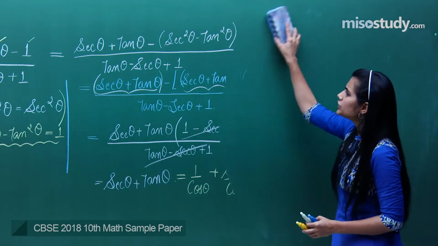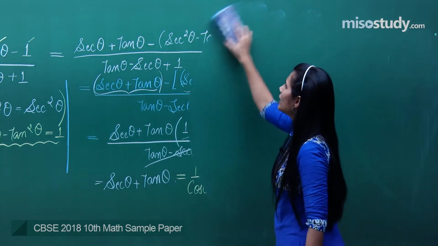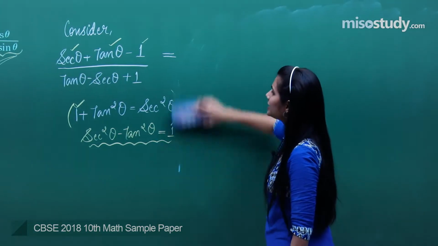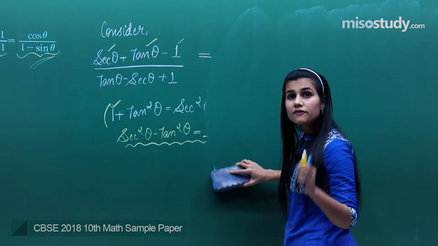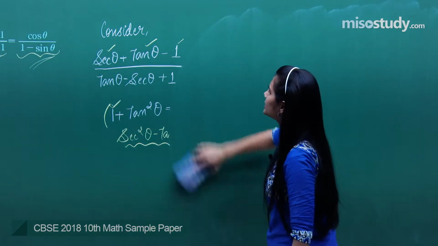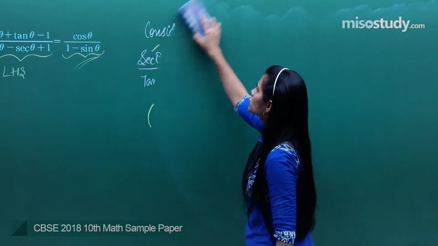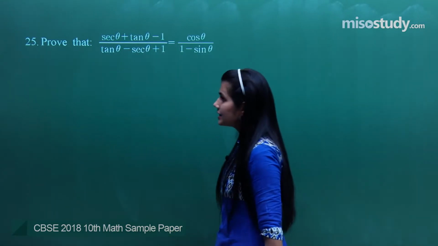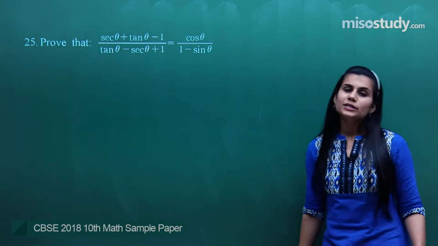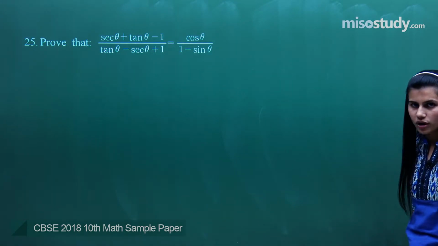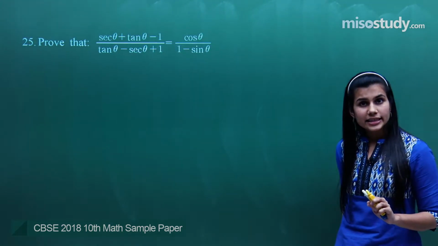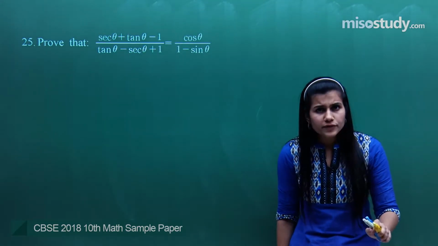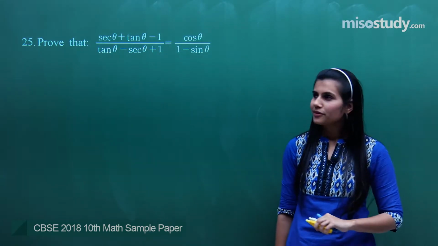It also reminded you of the basic identity a square minus b square is a plus b into a minus b, and the identity which we started with at the very beginning was the identity connecting tan and sec, which was 1 plus tan square theta is sec square theta. Testing your knowledge of identities, this question was literally a cakewalk. If you know the identities, this question is literally nothing. You just have to incorporate them, solve them and get the right hand side.